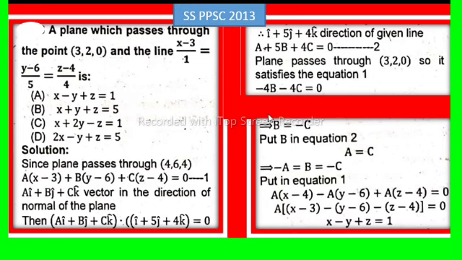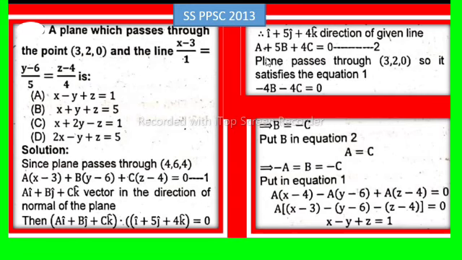So minus 4b minus 4c is equal to 0. Taking minus 4 common, b plus c is equal to 0, so b is equal to minus c. Put b equal to minus c in equation 2.